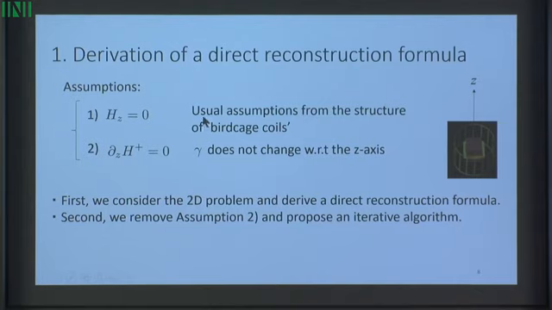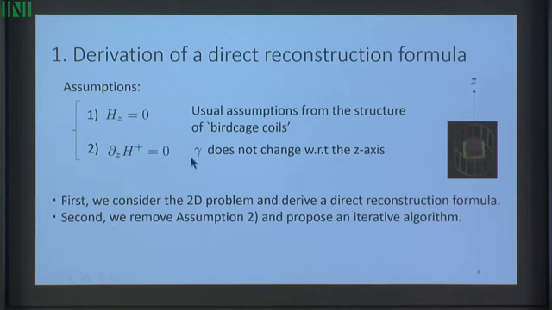From this property, analysis of the wave field inside the human body using MRI is very suitable for a complex analysis-based method. The second assumption we made is that the derivative of the magnetic field with respect to the Z-axis is equal to 0.